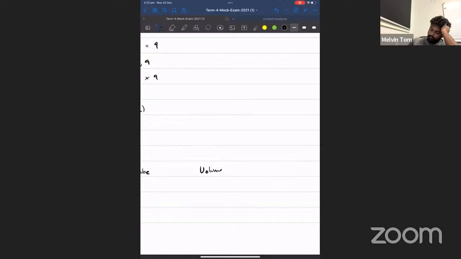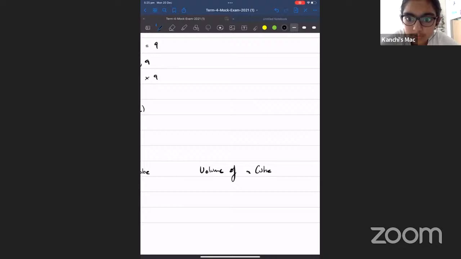Volume of a cube is equal to length times length times length. All right, guys, please wait for me to finish my sentence before you ask a question because it disrupts my flow.